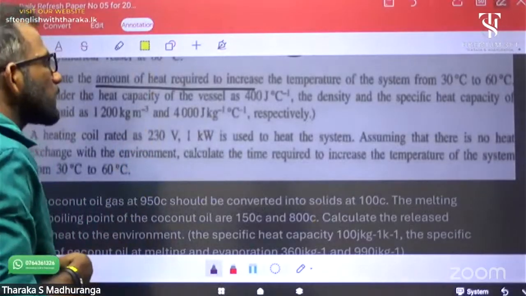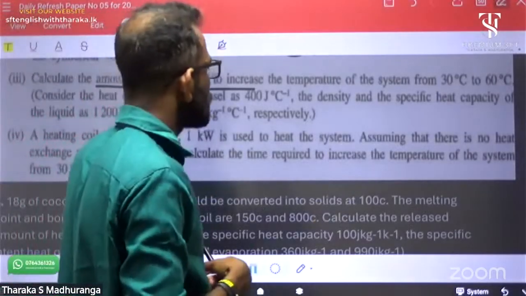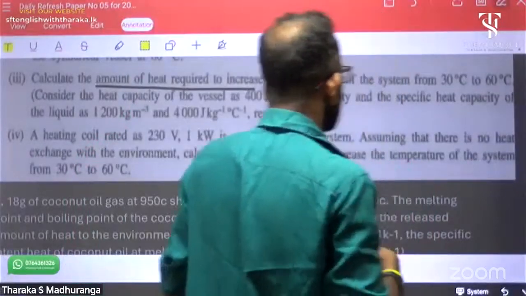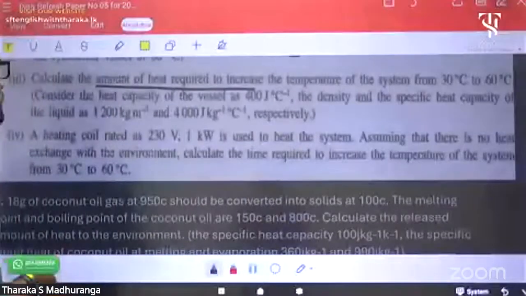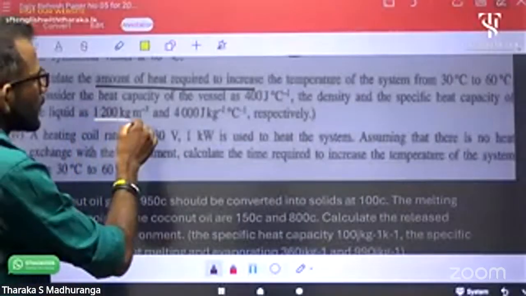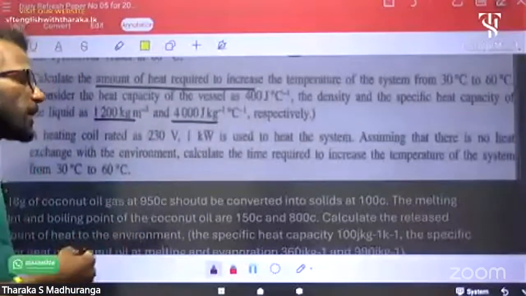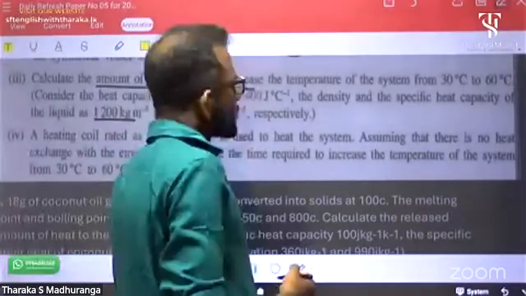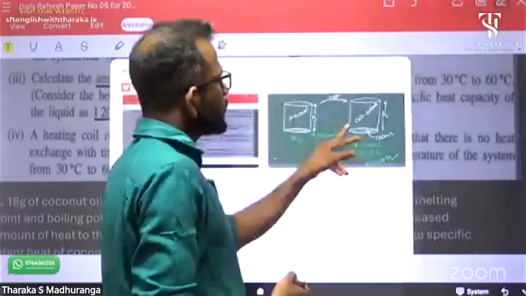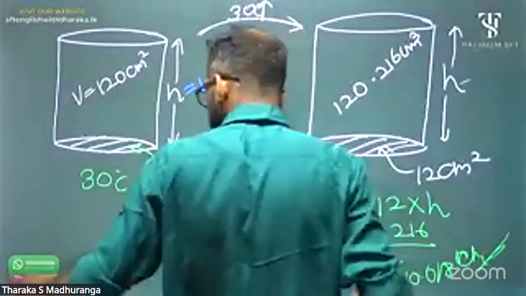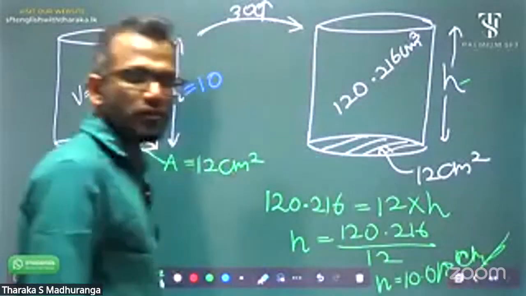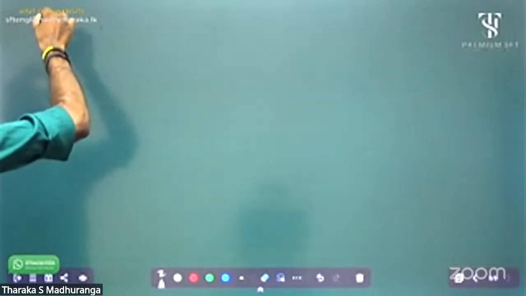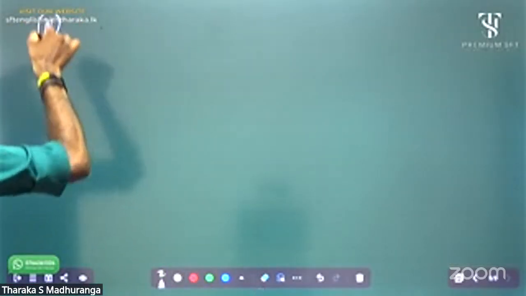Consider the heat capacity of the vessel as 400 joules per Celsius, and the density and the specific heat capacity of the liquid as 1200 and 4000 J kg minus 1 per Celsius respectively. The quantity of heat, very important. This is a very good rational question. Question number 4, part 4.